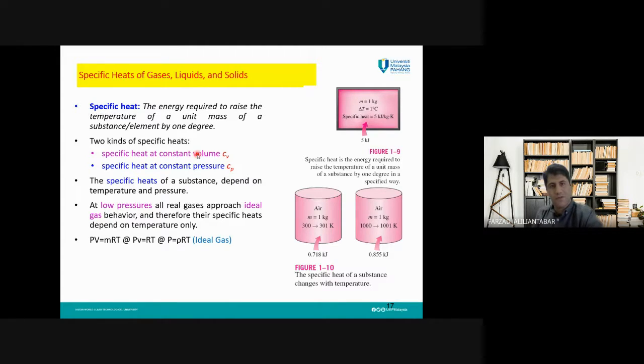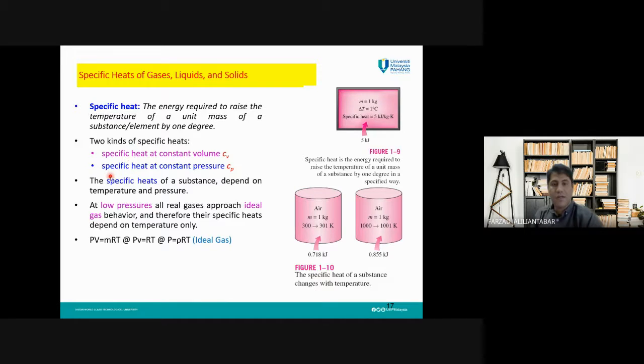In other words, the temperature of the substance is increased by 1 degree Celsius. The temperature of 1 kg of the gas in constant volume is increased by 1 degree Celsius, and that amount of energy is measured, which is called a specific heat at constant volume.